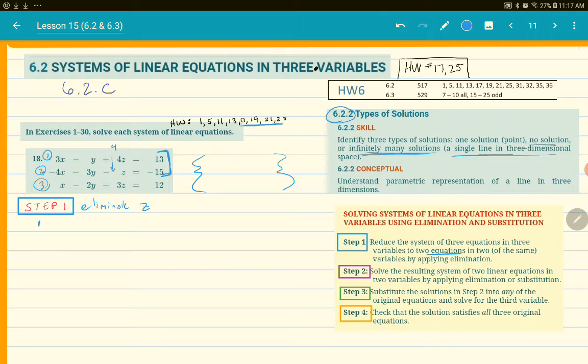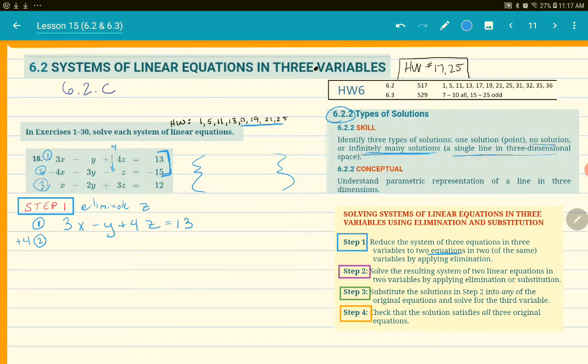So I'm going to start with equation 1 and add 4 times equation 2. Equation 1 I'll just copy down. I'm not changing that one. Equation 2, I'm going to multiply the whole equation by 4 so I don't change the equality.